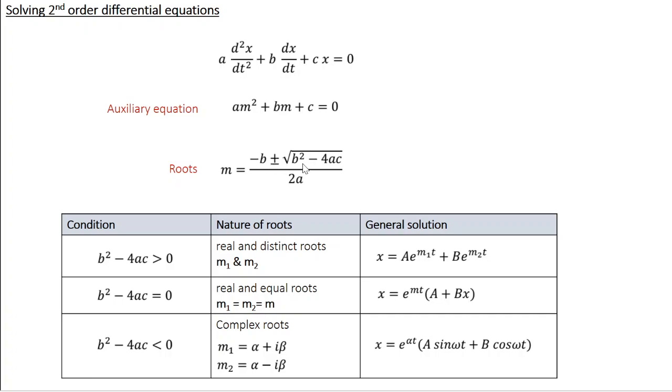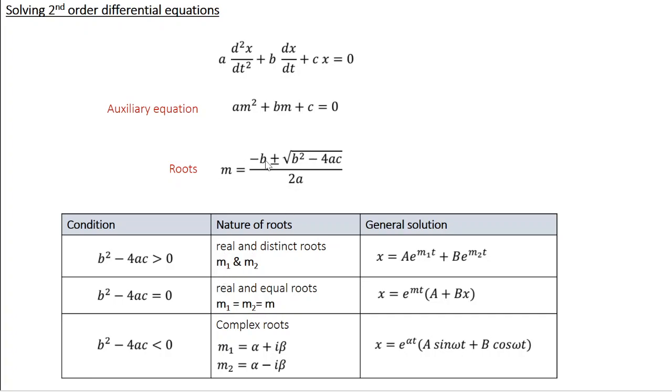Now the first condition, b squared minus 4ac is greater than 0. So basically the square root is going to give me a real positive number. So I have two solutions: minus b plus square root of b squared minus 4ac by 2a, I call it m1.